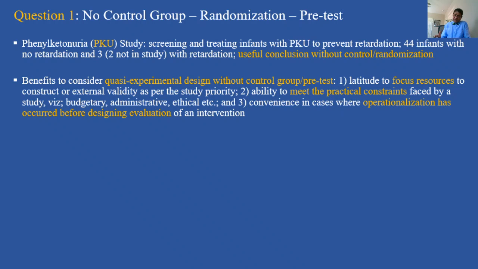And the third benefit is to comply with the logistical constraints which relate to the earlier constraints that we talked about, especially when the evaluation design of the study or the program has not been operationalized before designing the program. So in such cases, it is beneficial to have such a design without control and without pretest.